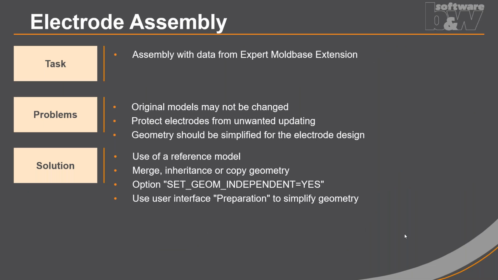At first, the electrode assembly. The task is we have to create an assembly from a mold created in Expert Mold Base Extension. For this session, we will focus on a mold assembly from EMX, but normally you could also work with imported data. The problem we are faced with is, in most cases, a modification of the original models is not allowed for the tool or electrode designer.